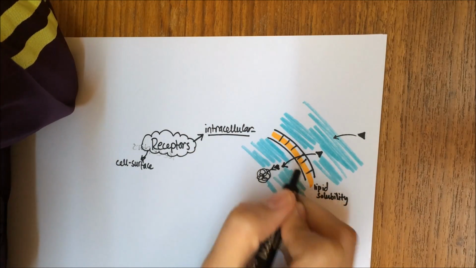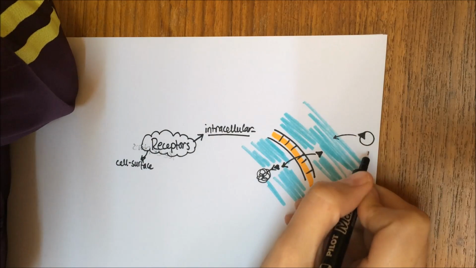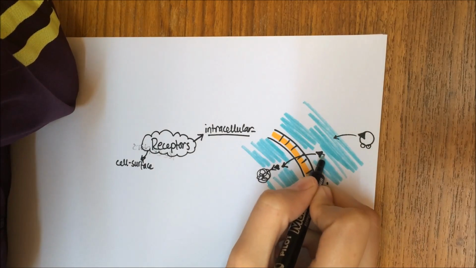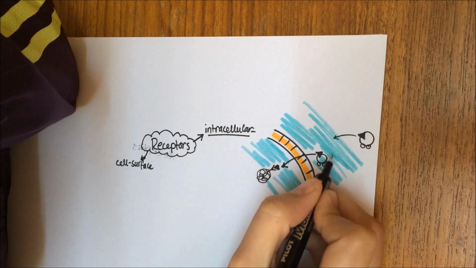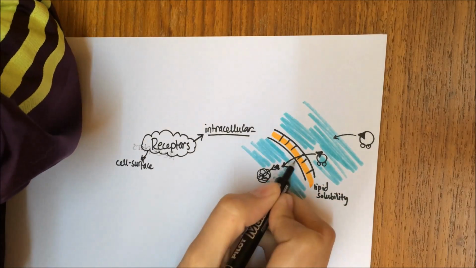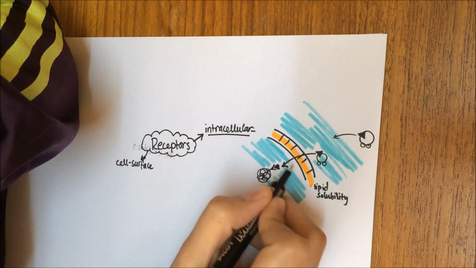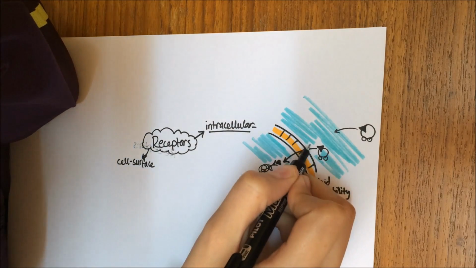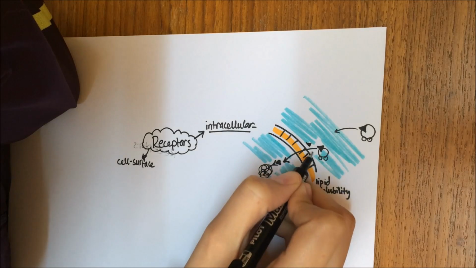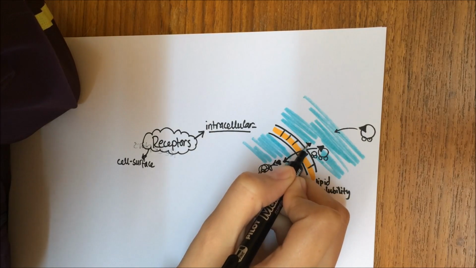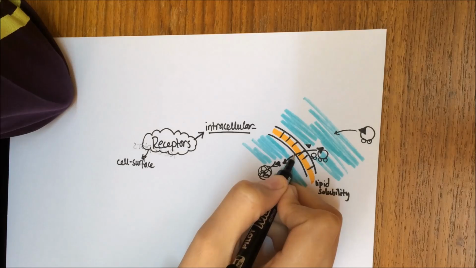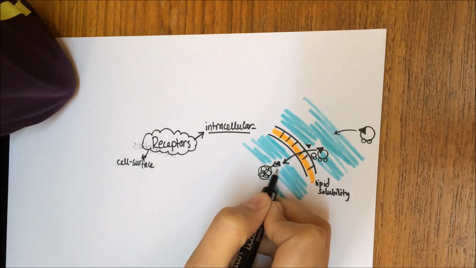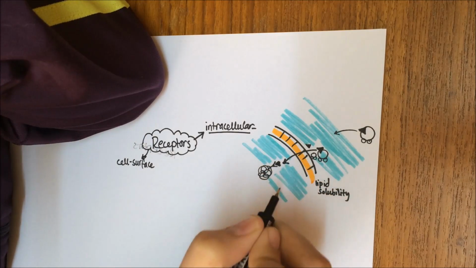This carrier will take it through the extracellular space until it reaches the lipid bilayer, the cell membrane, and they both dissociate. The ligand only will cross and reach the intracellular space.